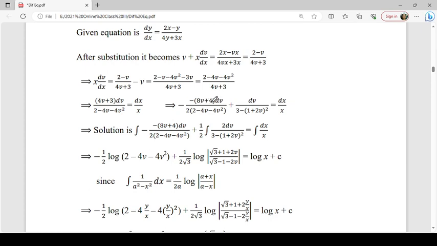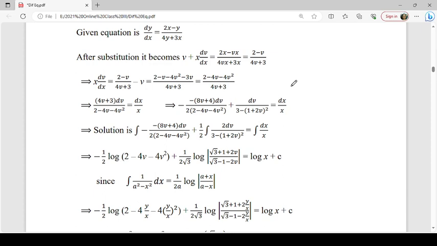So minus 8v minus 4, and we are having 4v plus 3, so we need to make it minus 8v minus 4, so we are dividing by 2, so this is the derivative of this one, and only we do have 4v plus 3, so again we have to add this. So this is like this.